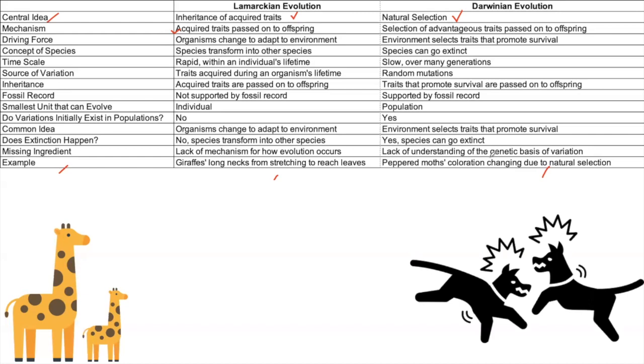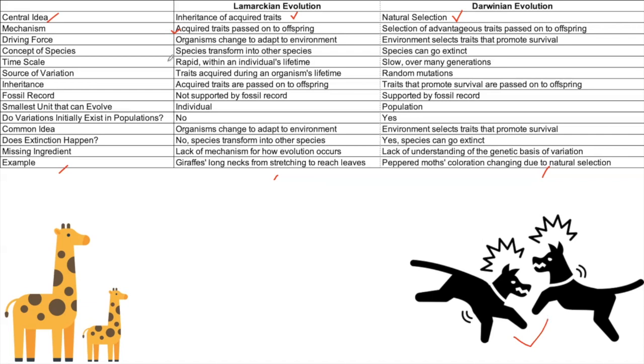On the other hand, Darwin believed that animals and plants change by having traits that help them survive and reproduce passed down to their babies through natural selection. Okay, so whoever is the stronger among these two dogs will survive and reproduce and pass on the trait that allowed it to survive.